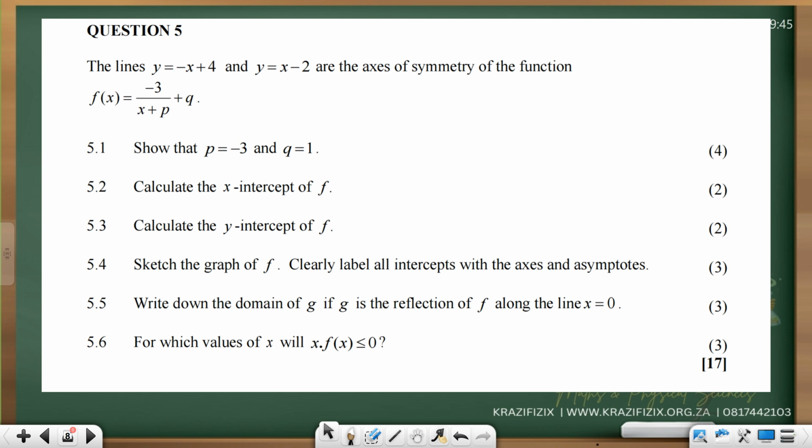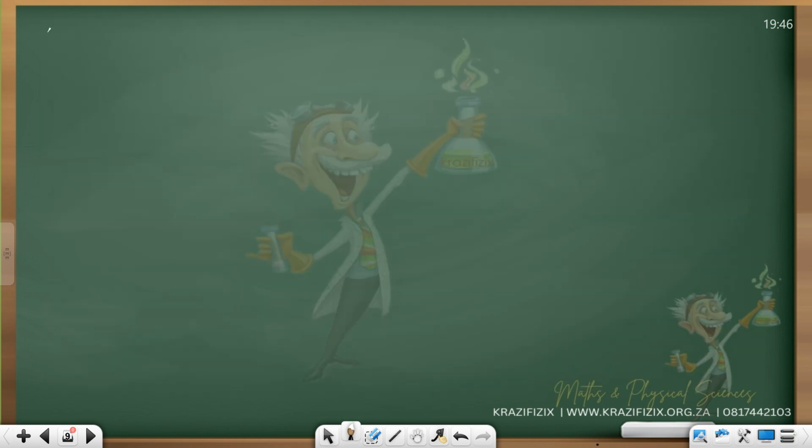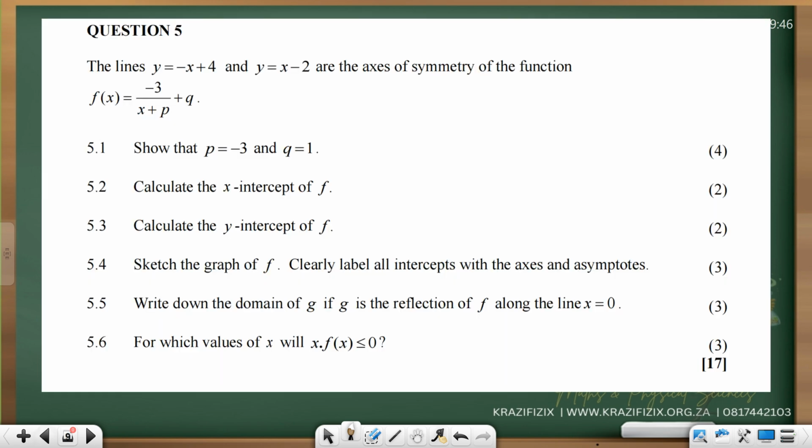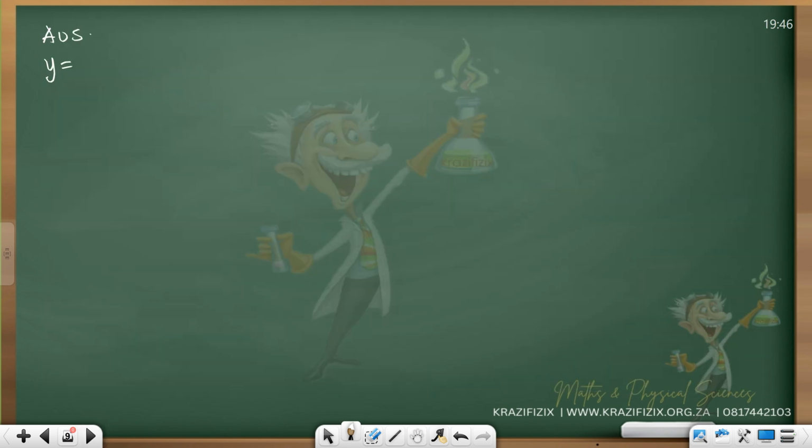All right, the lines. I actually love this. We have our axis of symmetry. This is beautiful. Please take note: if you equate or solve your axis of symmetry, you will get your asymptotes. The lines are y equals minus x plus 4, call that equation 1, and y equals x minus 2.